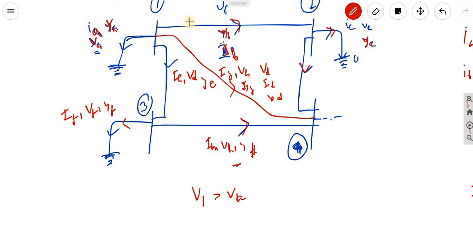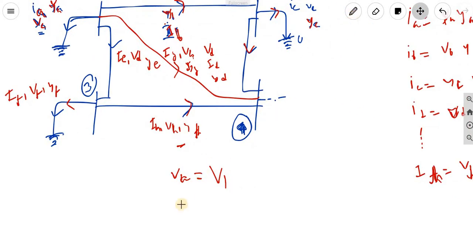So VA is equal to V1. Now VB is V1 minus V2.